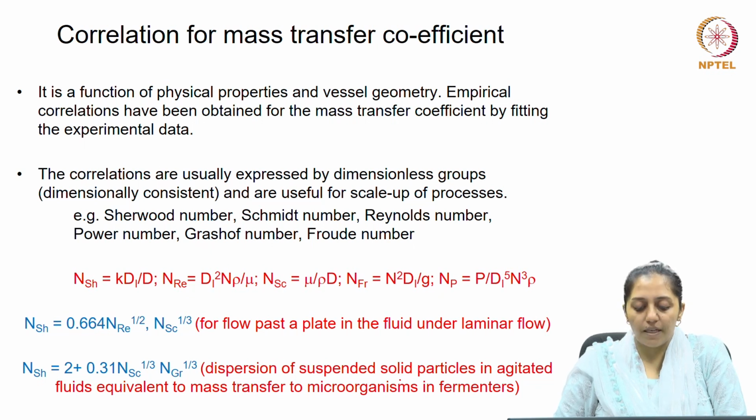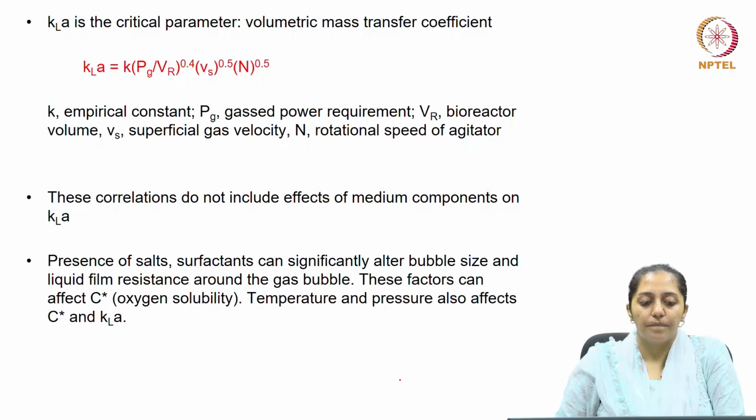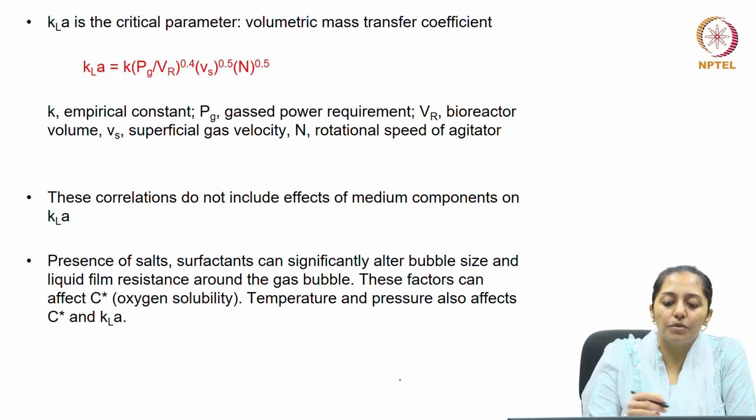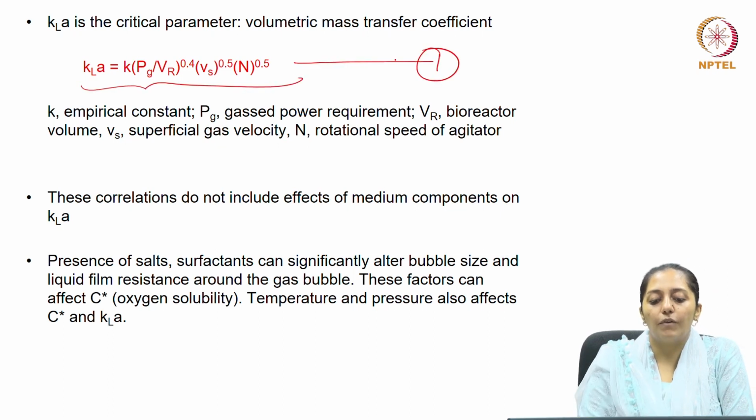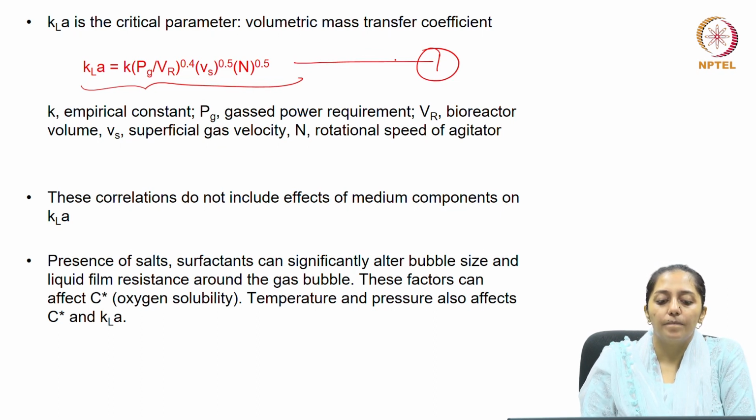So, one such relationship here has been used to determine how KLa can be a function of various reactor operating parameters like the gassed power requirement, the volume of the reactor, superficial gas velocity, and the RPM of the impeller.